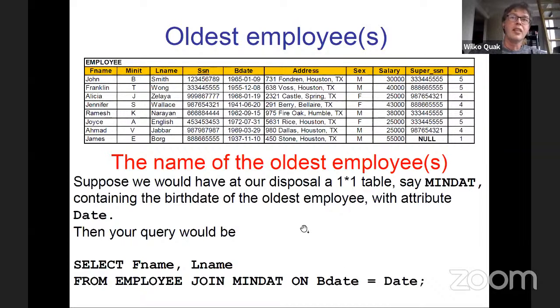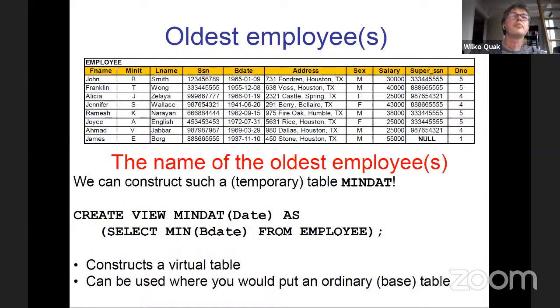And then it turns out that you can create a 1-by-1 table with min.dat, with the age of the oldest employee, by creating a view. So this works like this. There's this new SQL statement: create view min.date as select min birthday from employee. And this basically constructs a virtual table.